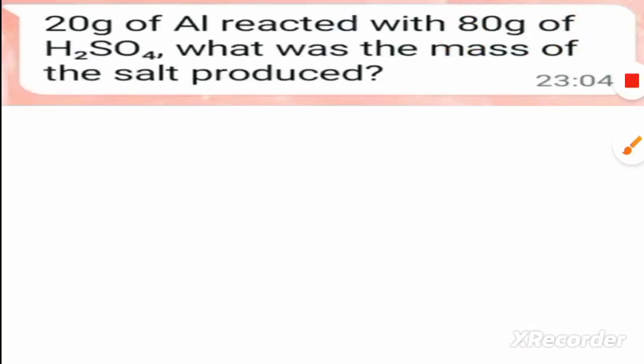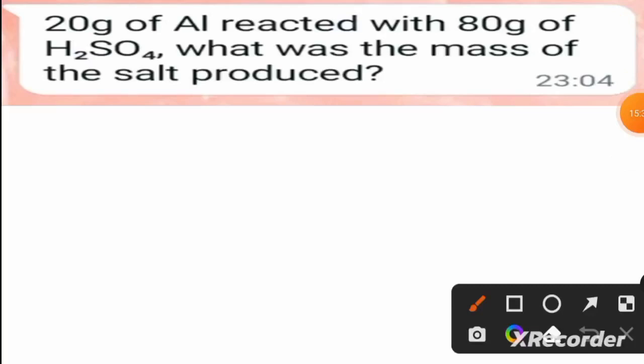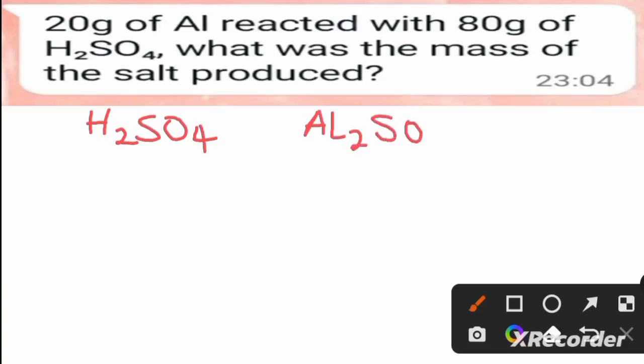So we are going to use the number of moles of sulfuric acid to find the mass of the salt produced, which is aluminium sulfate. So sulfuric acid to aluminium sulfate, the ratio is 3 to 1.